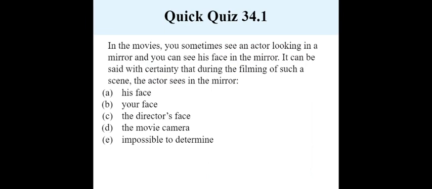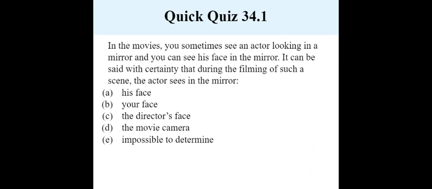So in movies, sometimes there are scenes where the actor is just looking at the mirror, and one of these things can be said with certainty. Think about famous scenes in movies, like I think it's Al Pacino, where he looks in the mirror and he's trying to be a tough guy. He's saying, "Hey, you talking to me?" How do they film that? Well, they have to point the camera at the mirror, right?